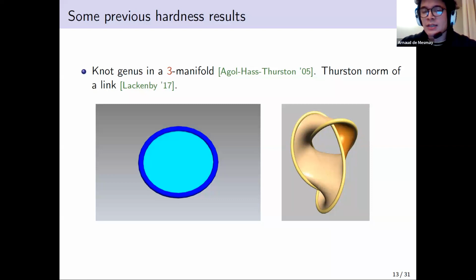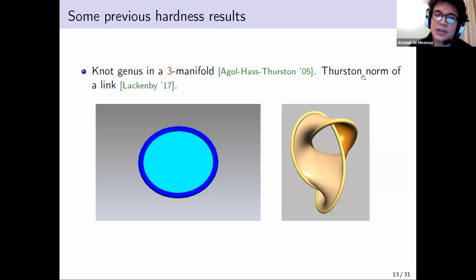The genus is the minimum genus of a surface that has the knot as a boundary. For example, the trivial knot is the boundary of a disk, so that has genus 0. Here we have a picture of another knot and a surface that has this knot as a boundary, and one can see that this surface does not have genus 0. Computing the best value of such a surface was proved to be NP-hard.